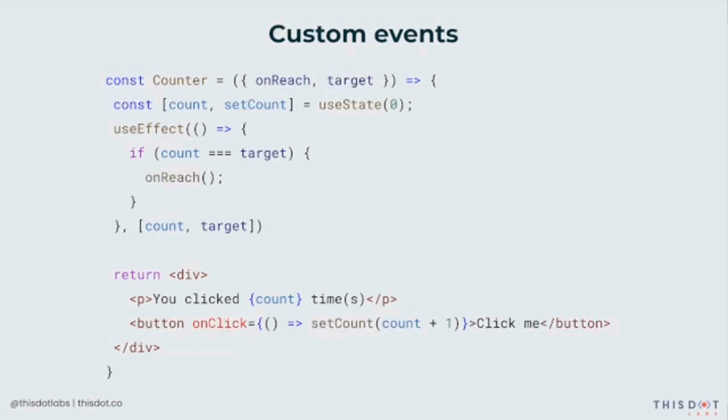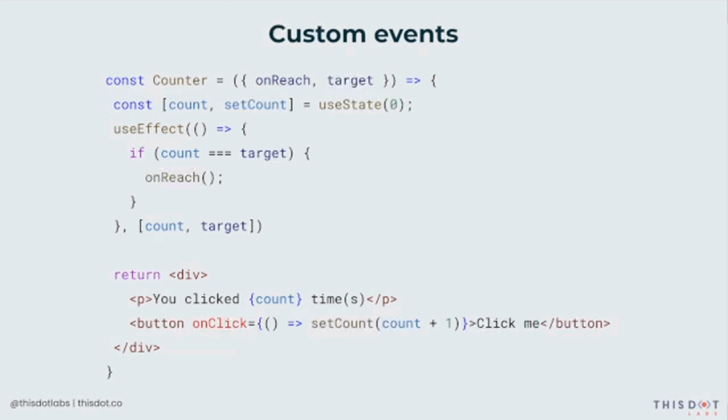The use effect is dependent on our local state count and the target prop we've been passed. That's the array at the end of the use effect. So either of these can change. Count can change by clicking. Target can change by the parent component giving a new value to our counter component. In which case use effect will get triggered and the body will run.